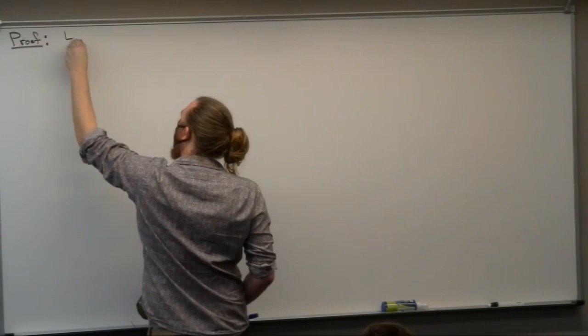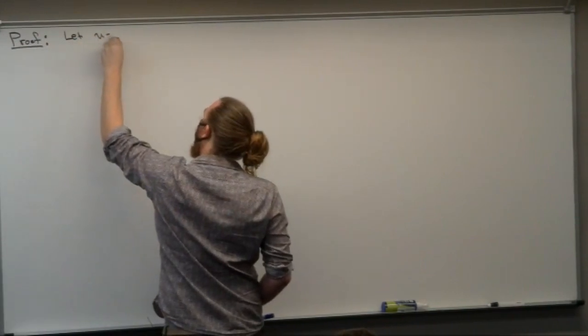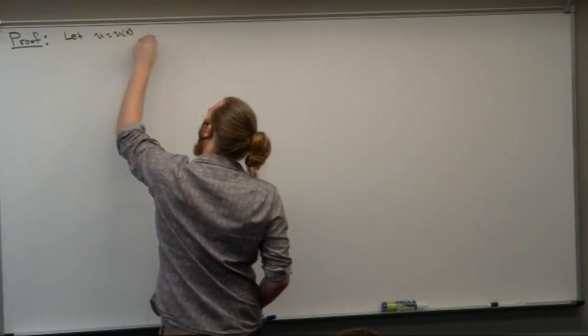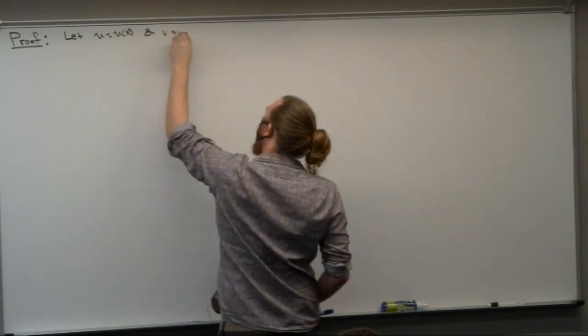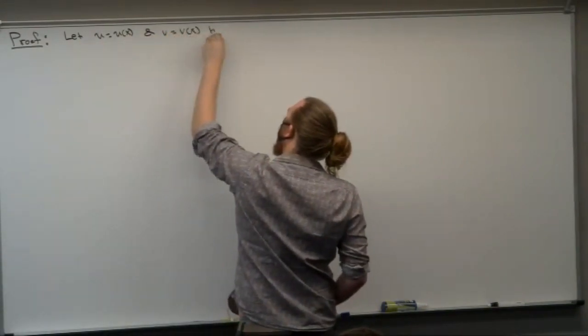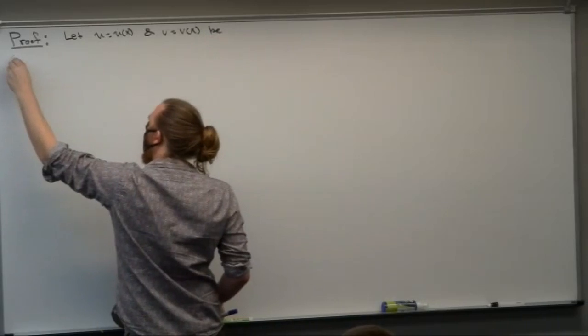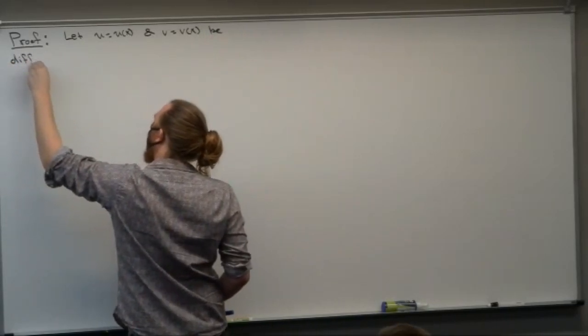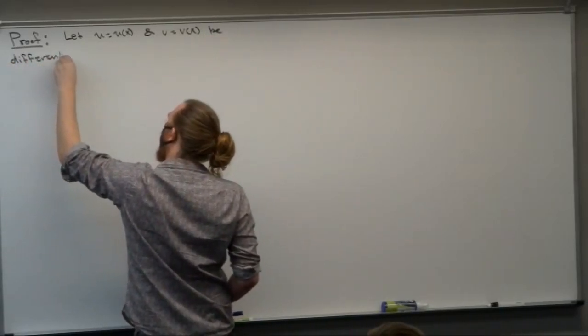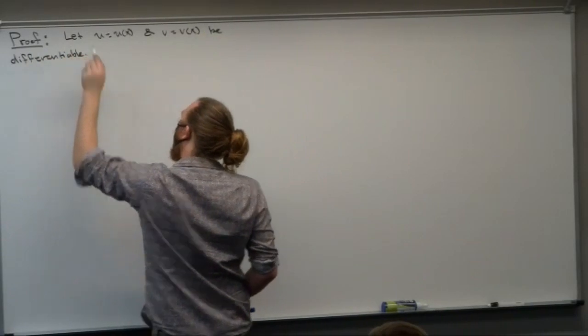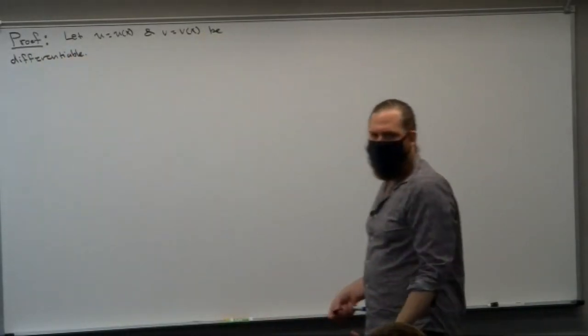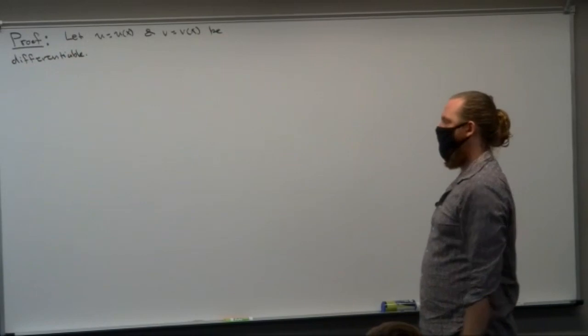Let's say that u equals u of x and v equals v of x be differentiable functions. And I mean differentiable in whatever domain you want, right? Meaning that the derivatives exist.